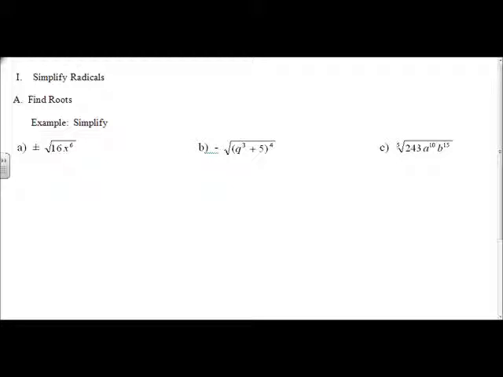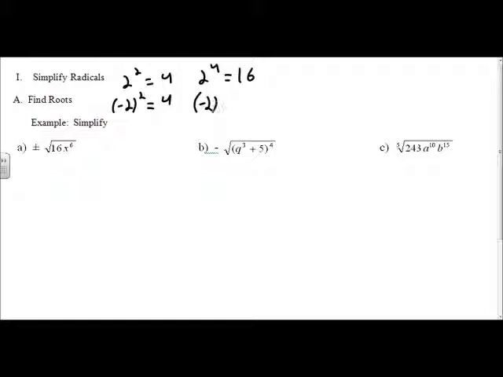Another thing to remember is if we are squaring something, so say I have 2 squared, that's going to be 4. But if I have negative 2 squared, negative 2 times negative 2, that's also 4. Similarly, if I do 2 to the fourth power, if we look at our table, 2 to the fourth power is going to give us 16.